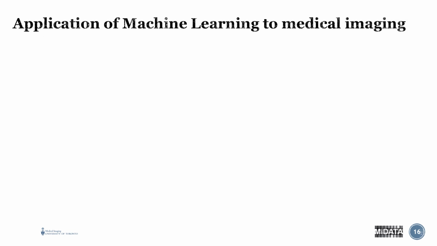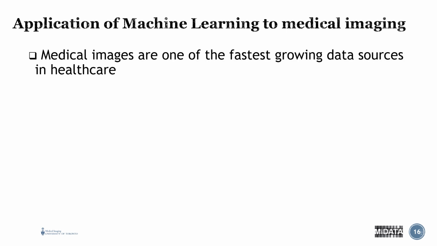So pretty much thanks to CNNs, the application of machine learning to medical imaging has just boomed in the past few years. Another reason is that medical images are one of the fastest growing data sources in healthcare. So we're getting more and more data, and not only that, but more and more quality data that's labeled, which gives us the opportunity to apply this wonderful machine learning algorithm, CNN, to this data.